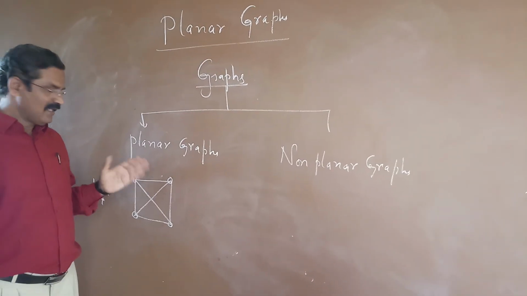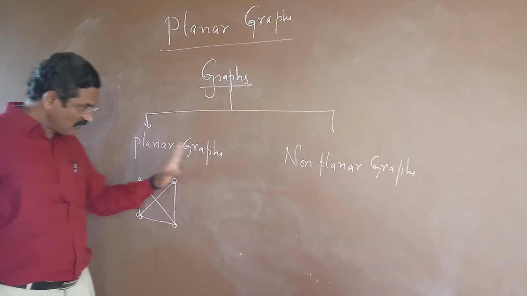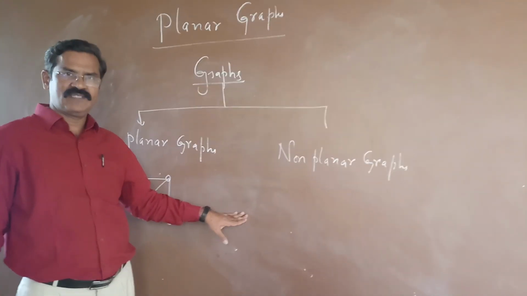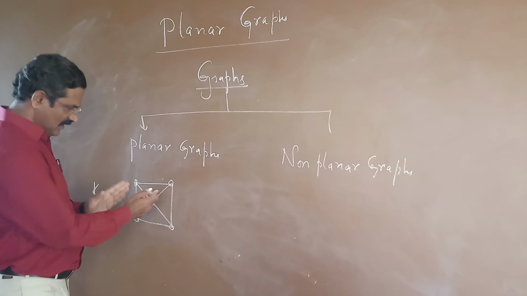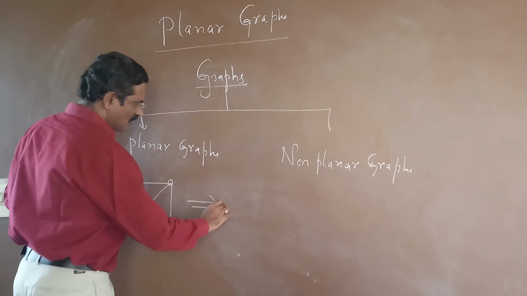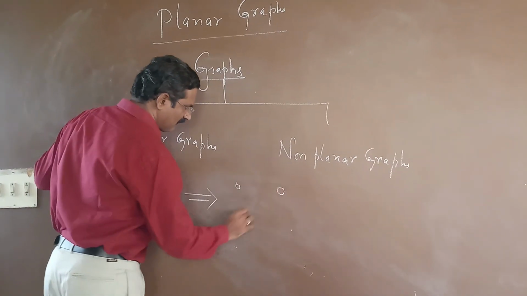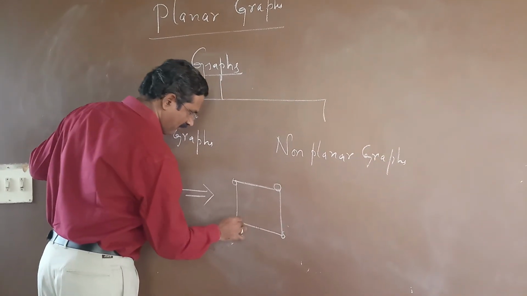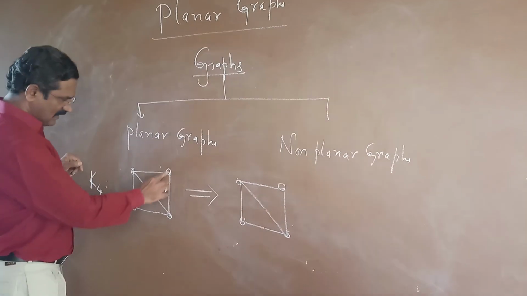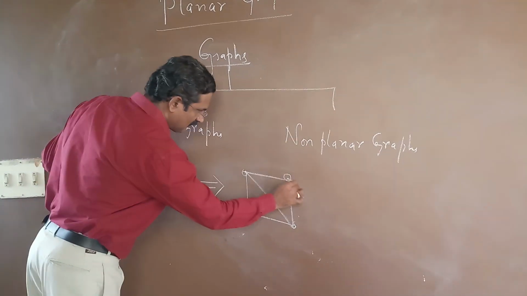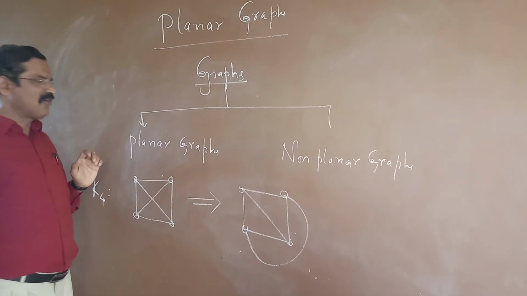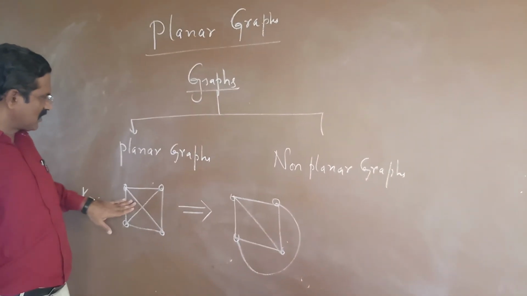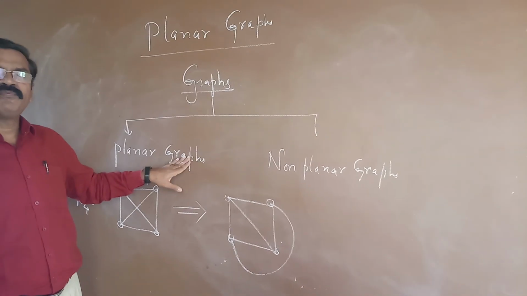But if it is possible to draw on the plane without the intersection of edges, then it is called planar graph. This graph, it is possible to draw on the plane in this way. Now this edge I shall rejoin in this way. So now I have drawn without the intersection of edges.